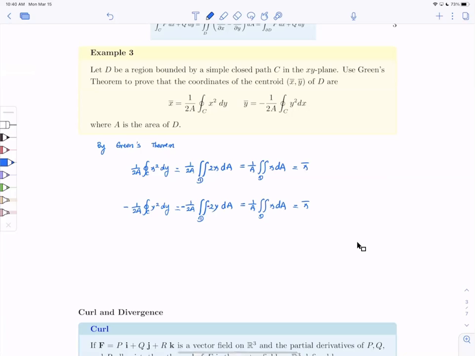Here is negative 2y. So negative and negative cancel out, 2 and 2 cancel out. Here is going to be y, so that equals y bar. That's it. There is nothing complicated. Any question?